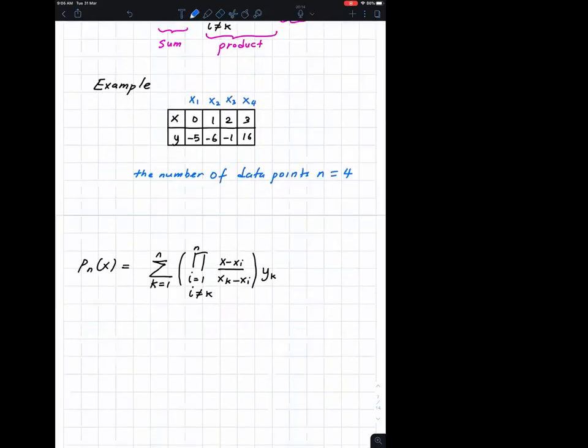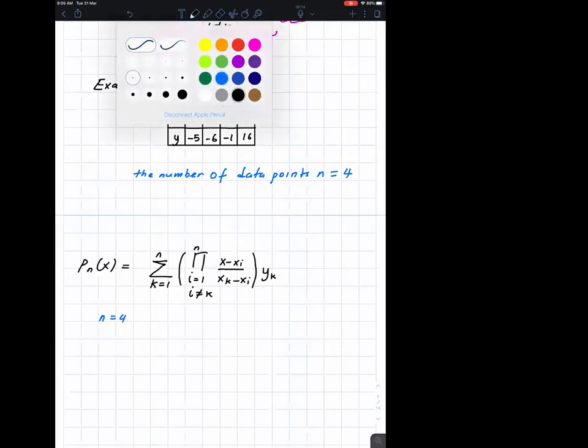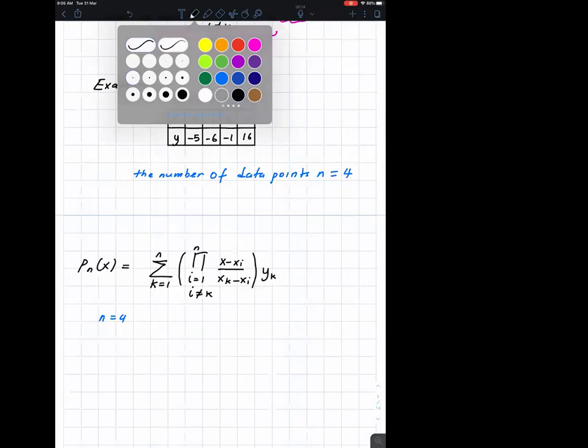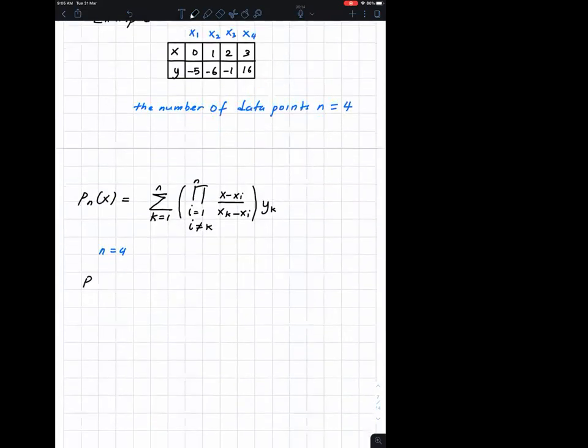First of all, you know that n is given as 4. n is equal to 4, that's the number of data points. Therefore, you replace the n with 4. The summation is k equals 1 to 4.